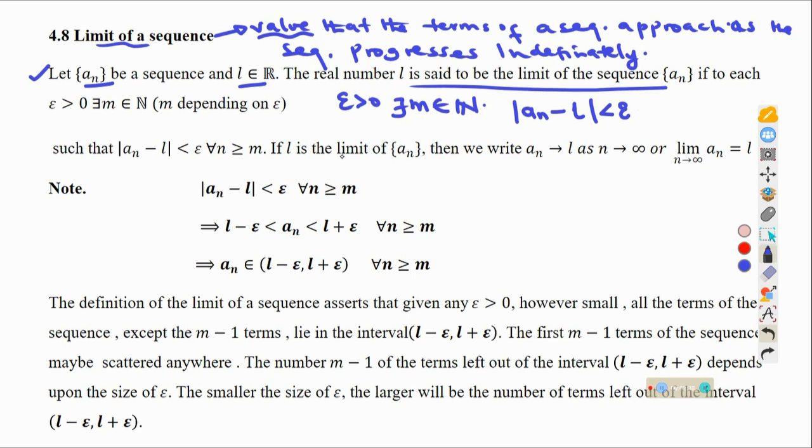Or else you can say L is the limit of the sequence an if you can write that an is tending to L.